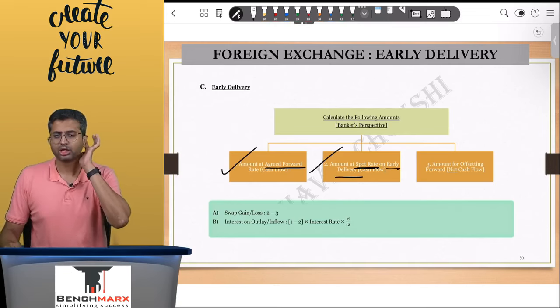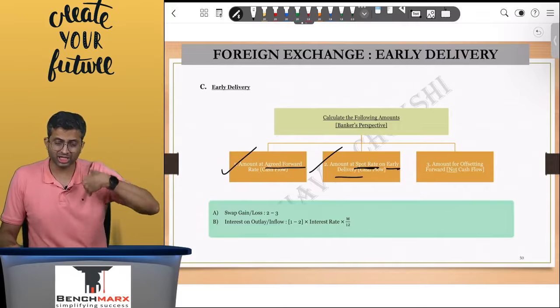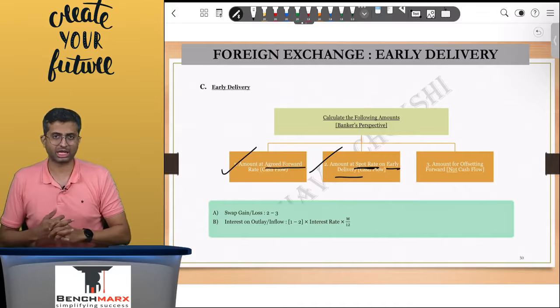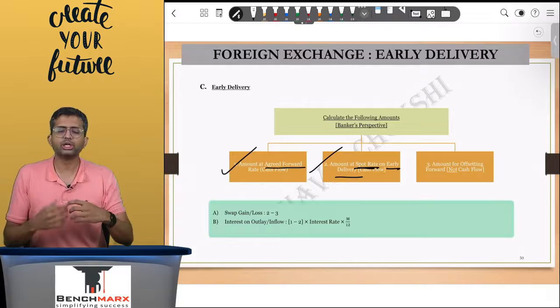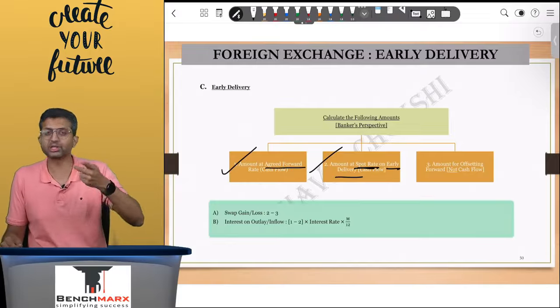And third, you must have originally agreed to buy the dollars on 31st March so that you can give those dollars to your client. But now you have already given those dollars on 20th of February and hence the original contract is now not required, and hence you will have to reverse that position.